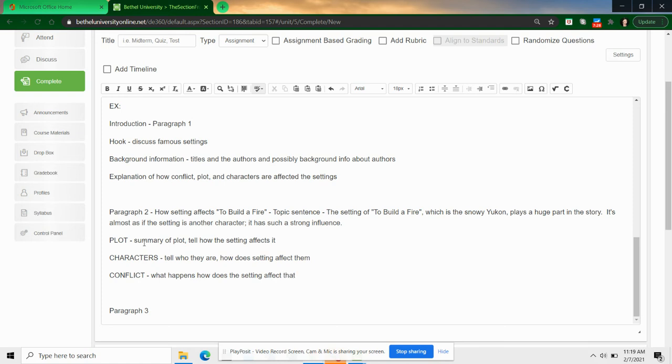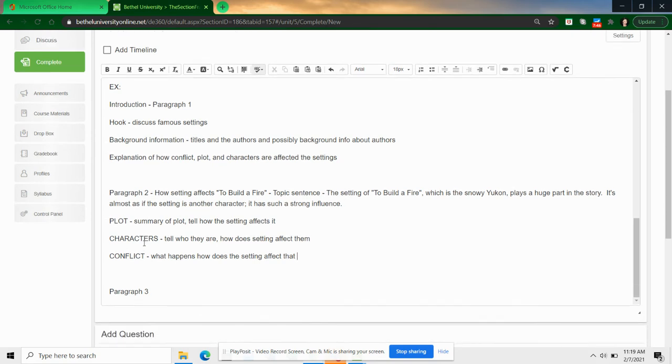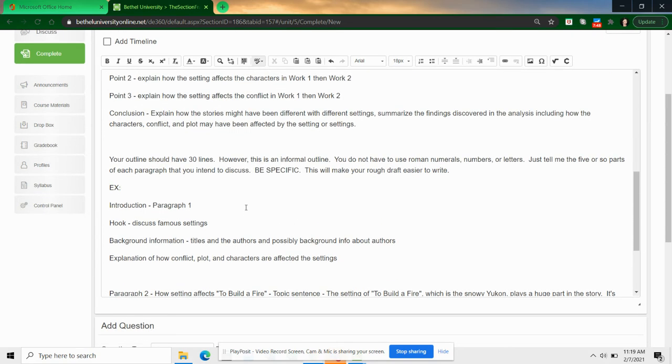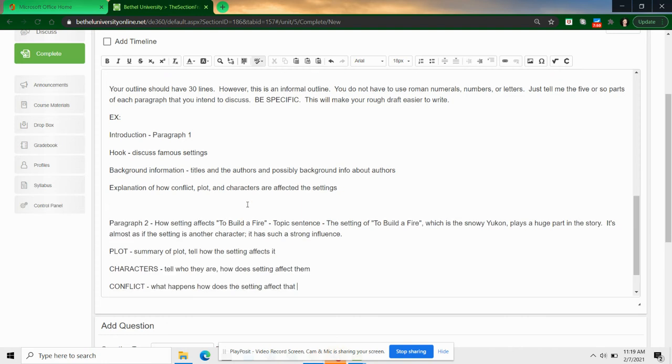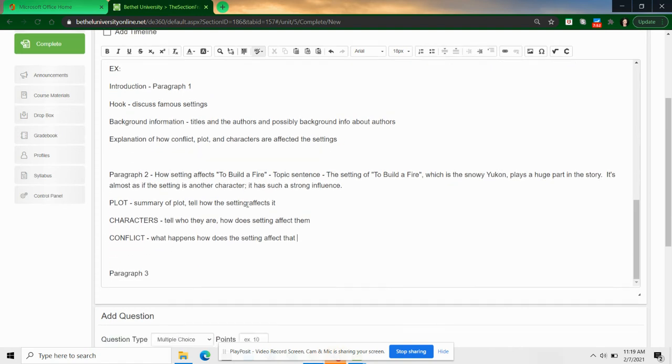You're going to say, okay, for conflict, the setting is the snowy Yukon, and that creates many different forms of conflict for both the man and the dog, because the setting creates a very dangerous place for them both to be. So really explain that information. You don't have to do it in complete sentences or anything. A topic outline is fine.